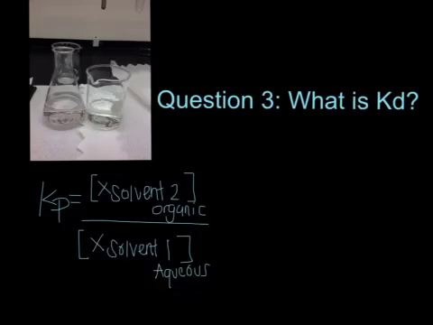As you can see from the formula in the bottom left, when there's more solute extracted within solvent 2, which is usually the organic, there's a higher Kp. On the other hand, when the extraction isn't efficient and there's more solute in the aqueous solvent, as right here, there's a smaller Kp.